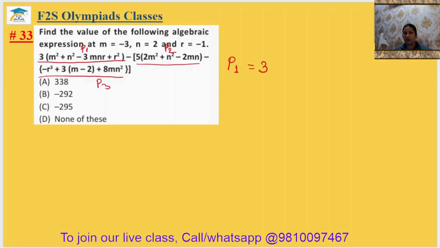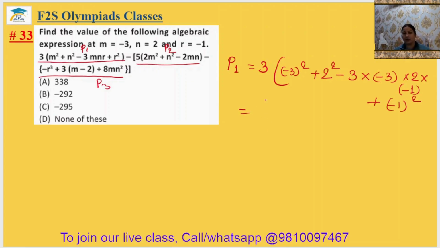So 3 will be outside. M square means minus 3 square, plus n square means 2 square, minus 3 into m, which is minus 3, into 2 into minus 1, okay, and plus r square, minus 1 squared.